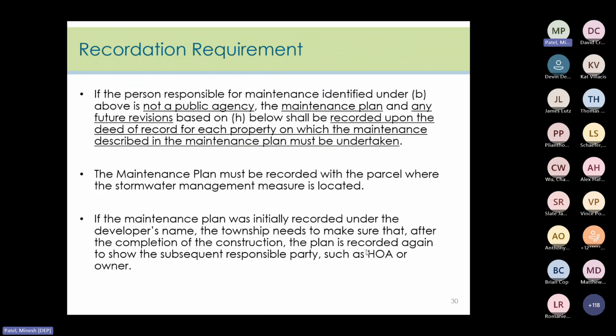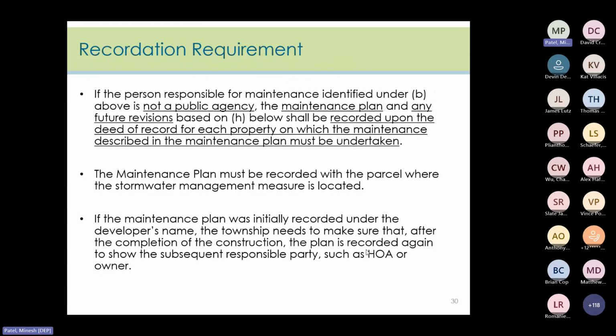I mentioned procedures to be followed. One such procedure is the requirement to record on the deed information about the maintenance plan, and that identifies the responsible party. And this would include the name, the address, and a phone number.